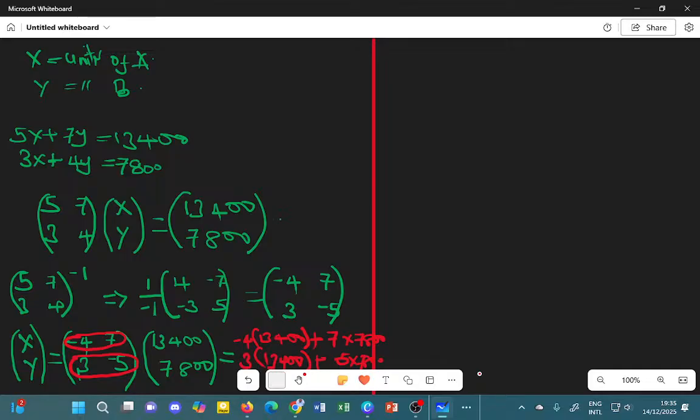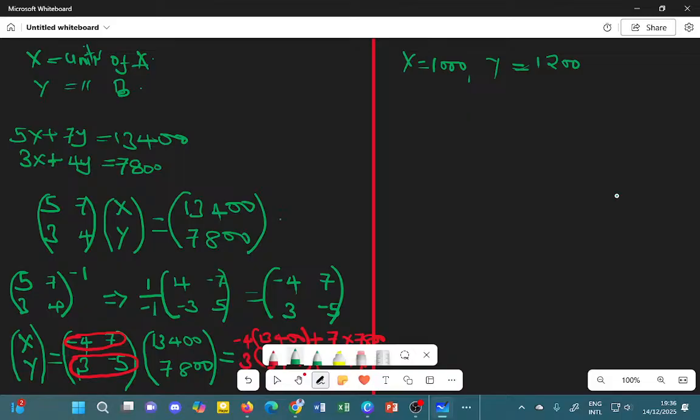If you work this out well, what you should get is that x is 1,000 and y is 1,200.